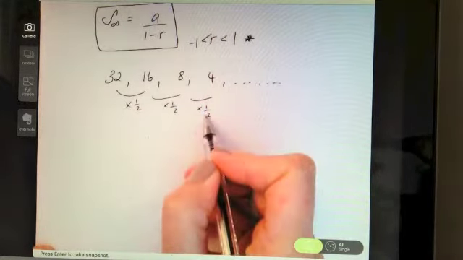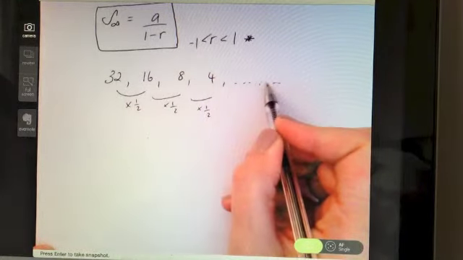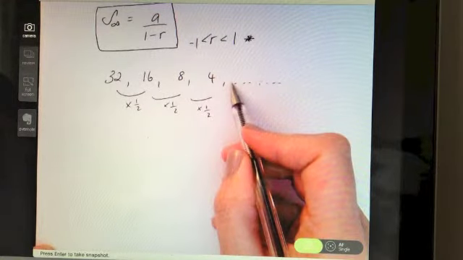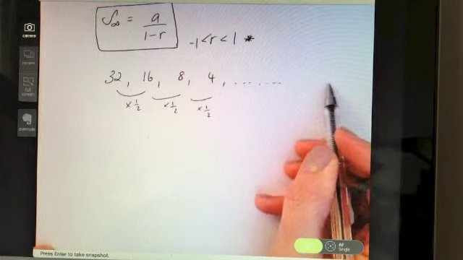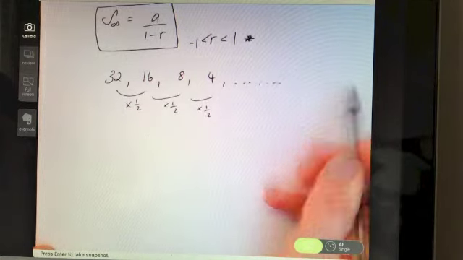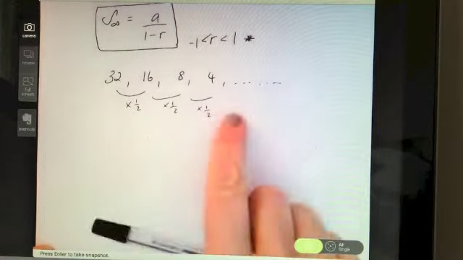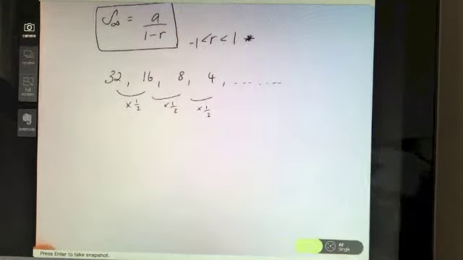Because it's this fraction, what's going to happen when I continue to multiply by a half and multiply by a half and multiply by a half is the series is going to get smaller and smaller and smaller. And what will happen is it will tend to a particular value. As it gets smaller and smaller, it is going to get closer and closer to a particular number.